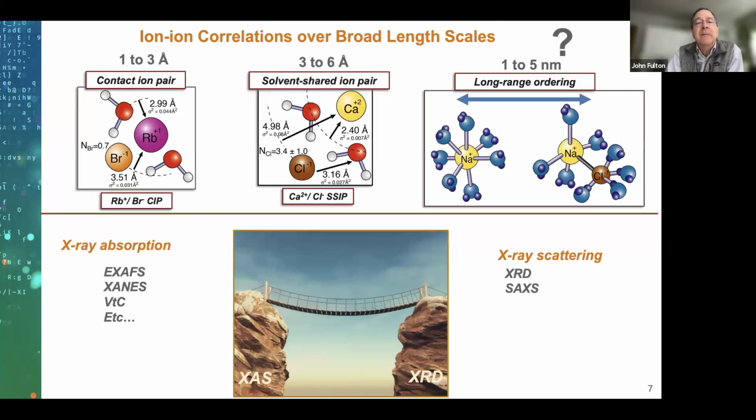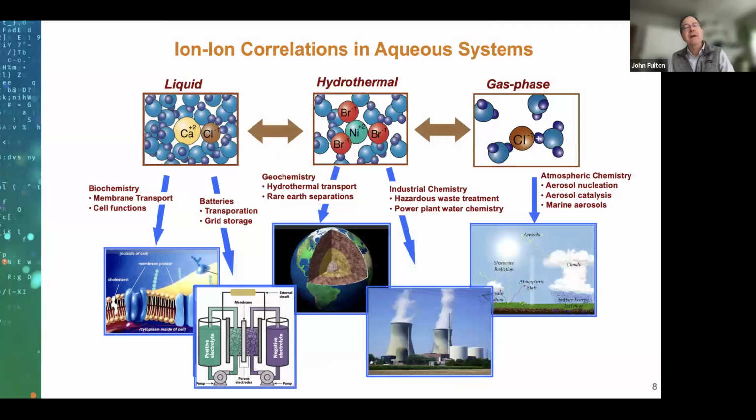So we can make use of both types of information. The importance of these systems is that in almost any aqueous system on the face of the Earth, ion correlations are important. In the liquid phase, it's critical to understanding the mechanisms of biochemistry, membrane transport, and cell functions. The recent interest in batteries, for transportation and grid storage, is all based on the properties of electrolyte ordering in solution.